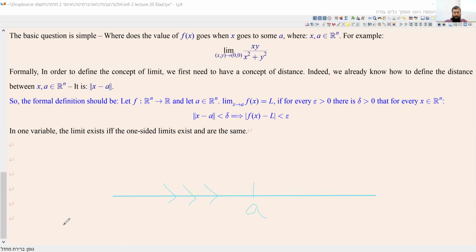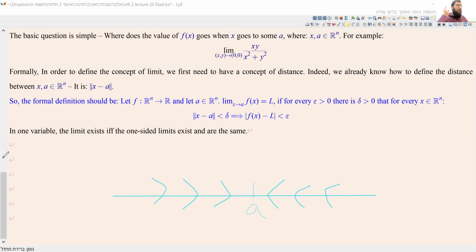No matter from wherever you are getting closer to A, the value of f should be getting closer to L. Now, when it comes to one variable, where our domain is just the real line, every way, every path to the point gives us the same limit.